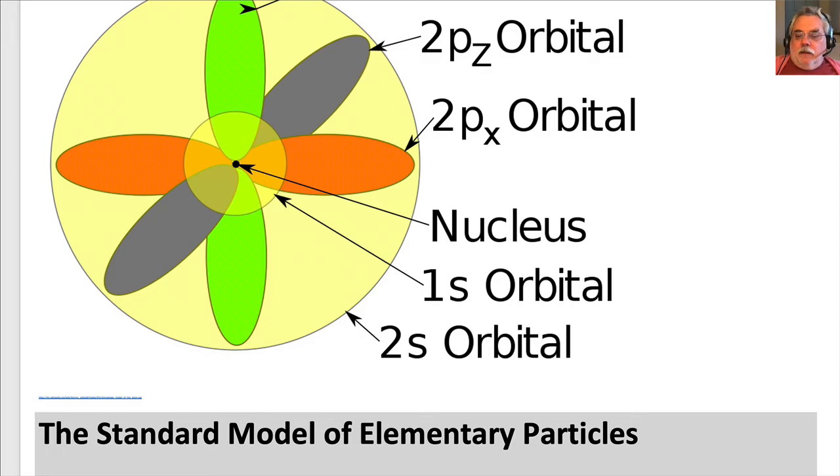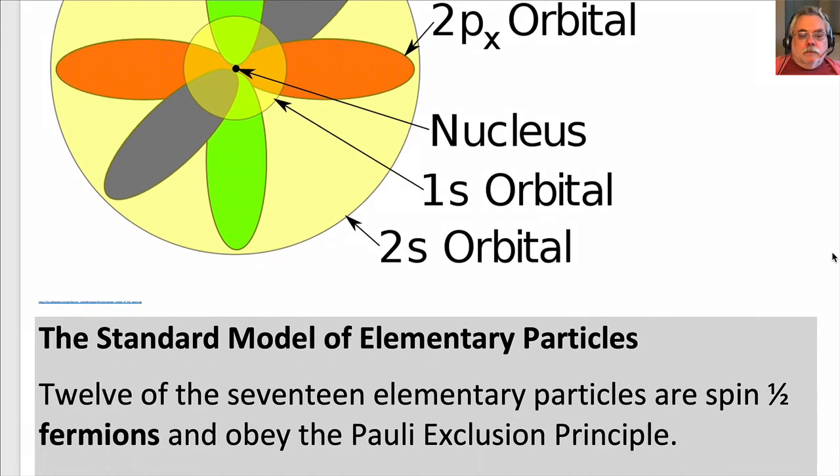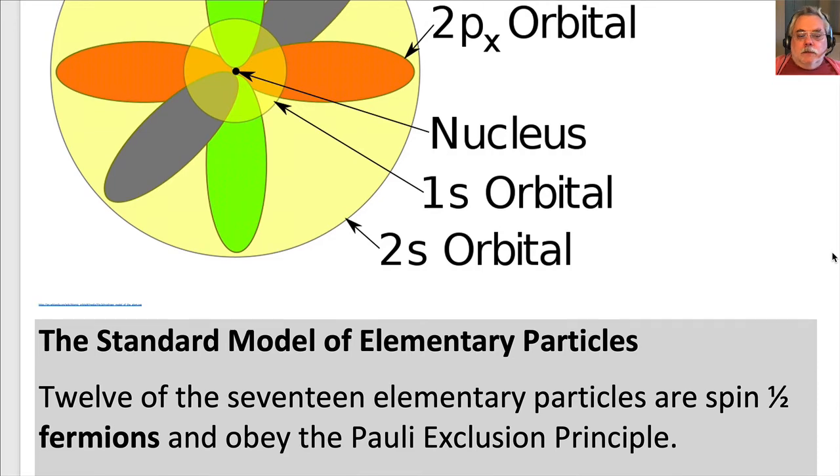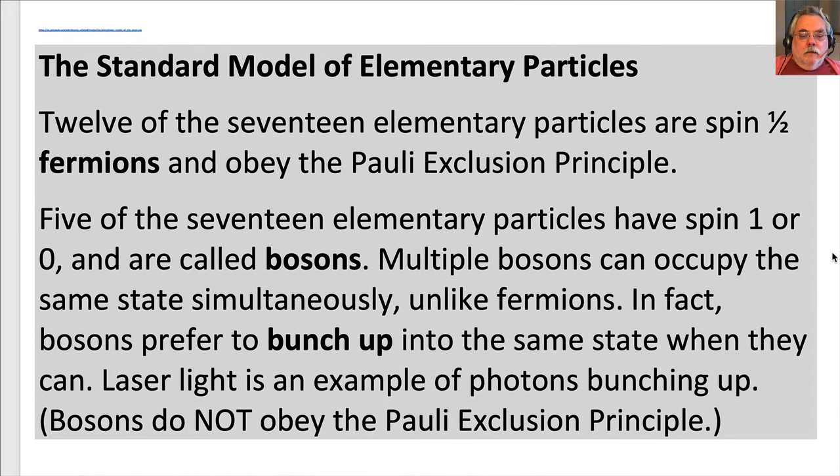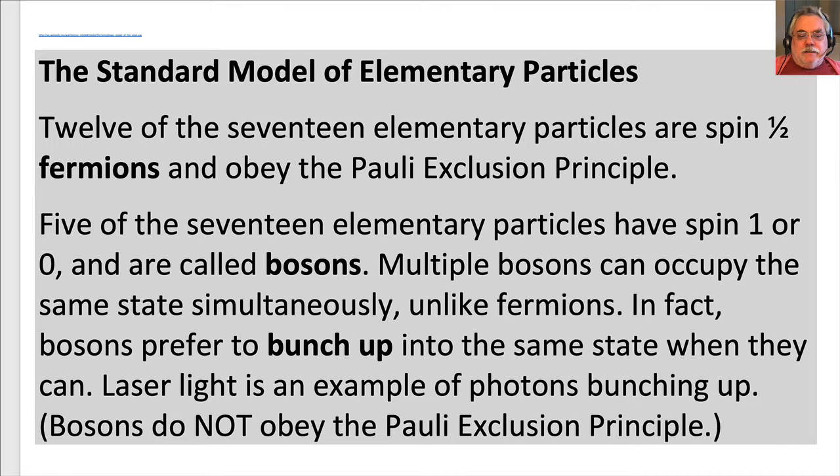The standard model of elementary particles. 12 of the 17 elementary particles are spin 1/2 fermions and obey the Pauli exclusion principle. 5 of the 17 elementary particles have spin 1 or 0 and are called bosons.